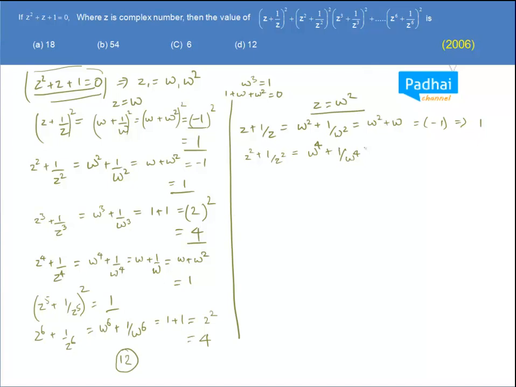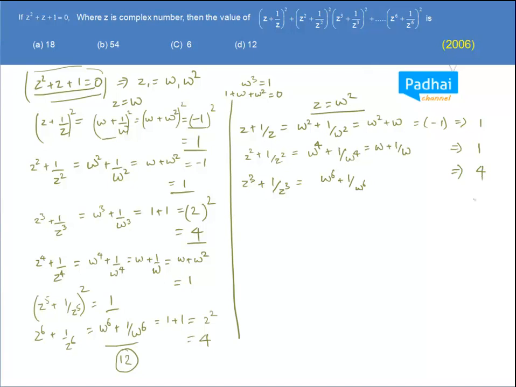We know that omega⁴ is nothing but omega only, so this will become omega + 1/omega, which we have already solved, and it will again give 1. For z⁶ + 1/z⁶, this will give omega⁶ + 1/omega⁶, which we have already solved, and again the answer will come out to be 4.